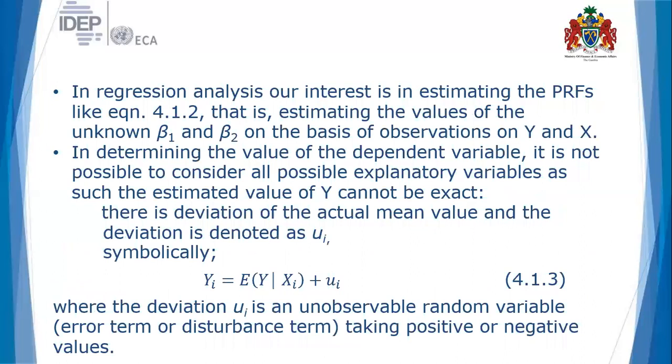Now, in regression analysis, our interest is to estimate the parameters of the whole population, or to estimate the population regression function. That means estimating the values of the unknown beta 1 and beta 2 on the basis of the observations on y and x.